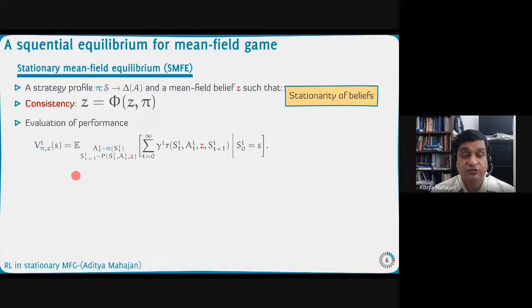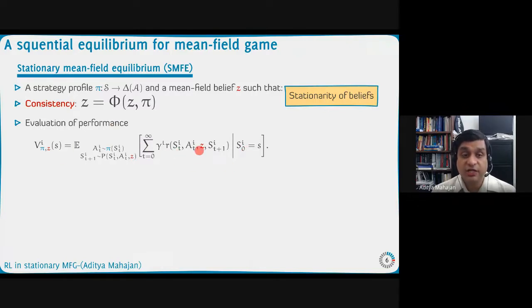The second is we evaluate the performance of any particular strategy according to this belief system. So when player i is evaluating the performance of policy pi_i, given a belief system Z, starting from state s, it assumes that it will choose actions according to that strategy. States would evolve according to his given beliefs on how everyone else's state is distributed, and he would compute the expected discounted return according to this.